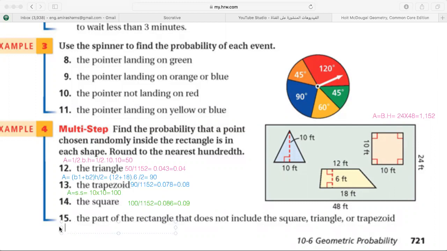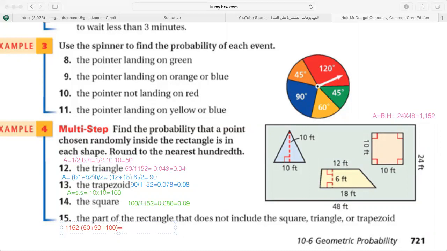So 1152 minus, open the brackets, 50 plus 90. 50 is the area of the triangle, 90 is the area of the trapezoid, 100 is the area of the square. So 50 and 90 is 140, 140 and 100 makes 240.